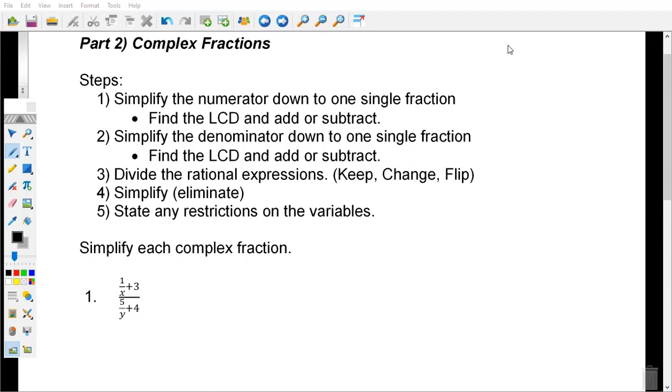All right, stating restrictions on the variables is going to be very important for this one because, again, you have multiple fractions that you're dealing with, okay? So a good thing to start off with is to acknowledge your fractions in the very beginning also. So if you look right here, we have 1 over x plus 3 and 5 over y plus 4. So based on what we have right here, we can already say what x and y can't be currently, right?